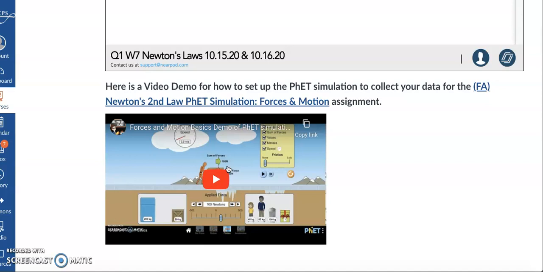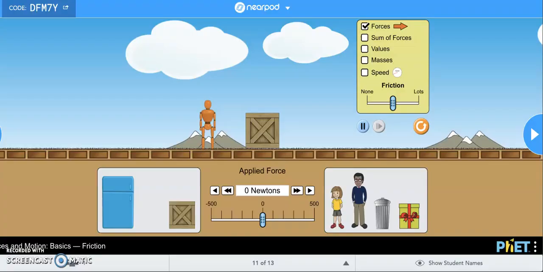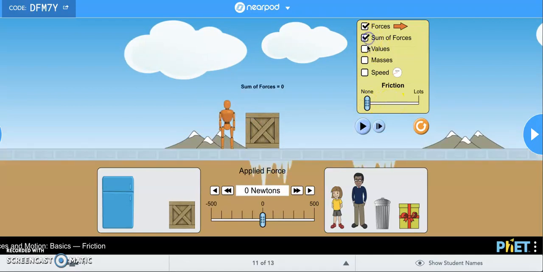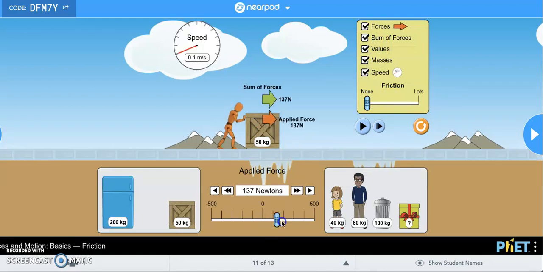Just a real quick reminder that in part 1, you are changing the mass of the object. So you're keeping the force the same at 100 newtons. Hold on. Let me freeze everything. We'll get it to exactly 100.